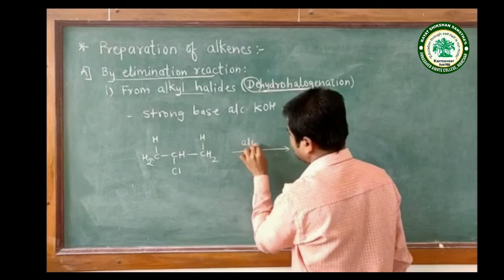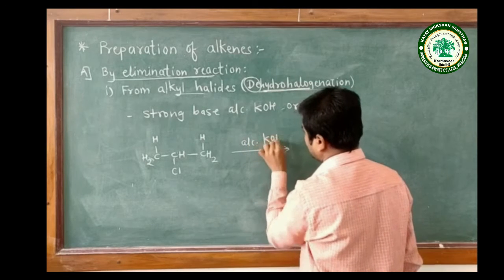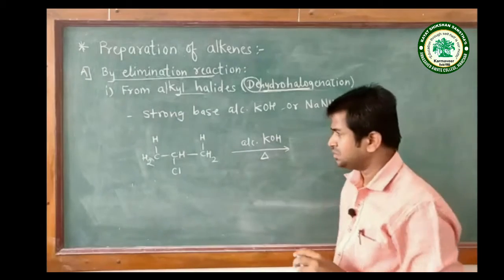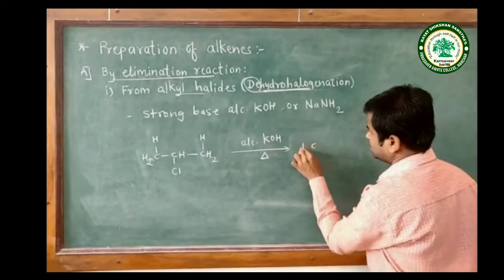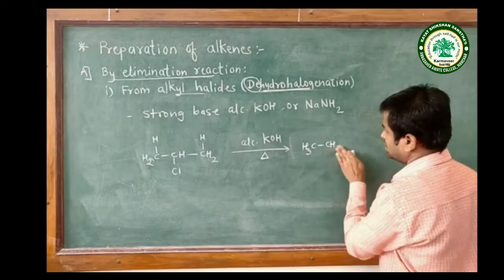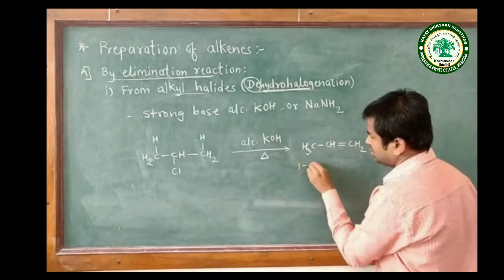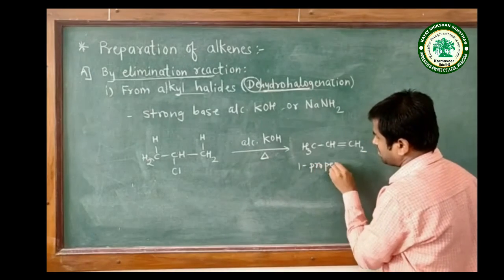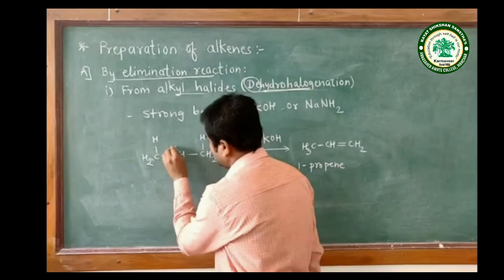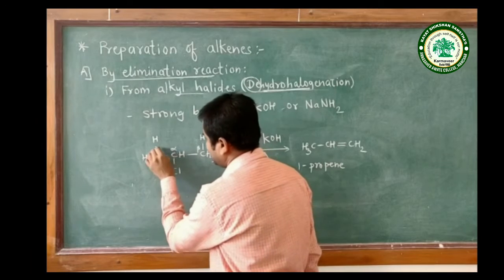Chloropropane on heating with alcoholic KOH gives a product 1-propene. In this case, this carbon is alpha carbon, this is a beta, and this is also a beta carbon.